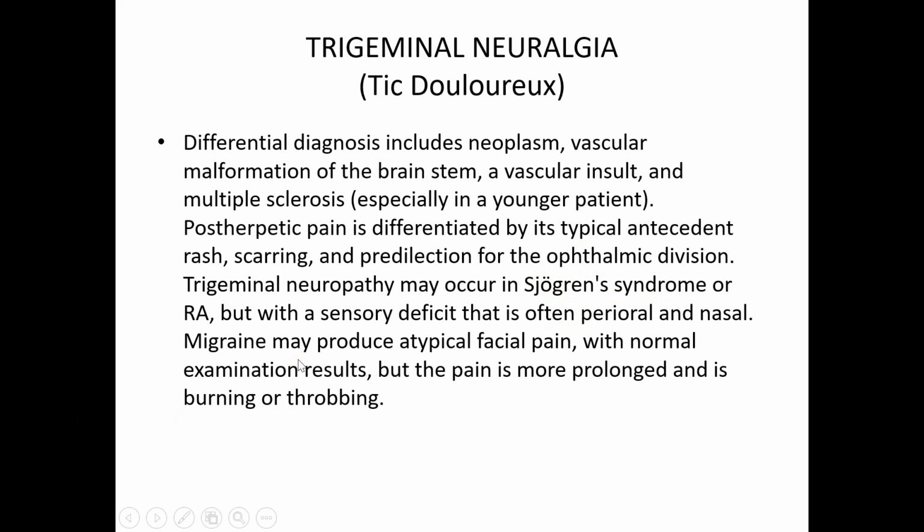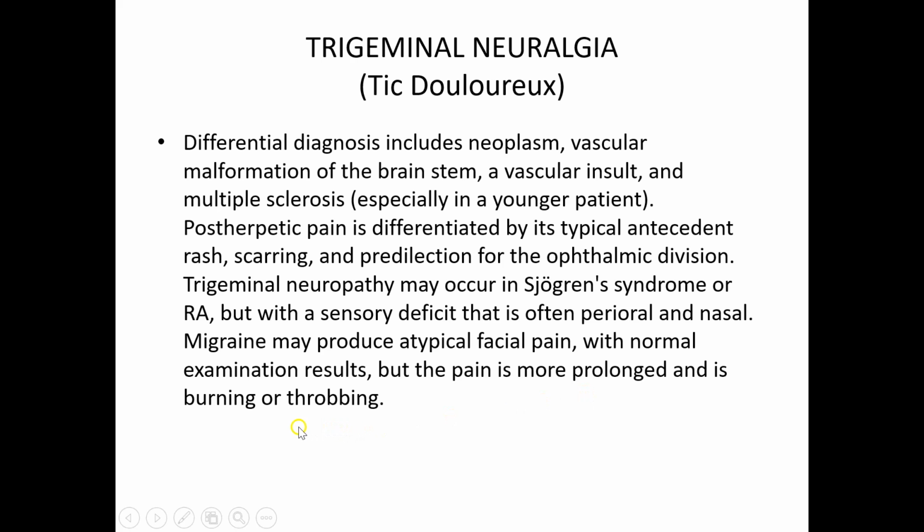Migraine is also a consideration: in classic migraine, you may have hemicranial or unilateral involvement of the face. So sometimes it is confused with trigeminal neuralgia, but you can easily identify it with normal examination results, and pain is more prolonged in migraine compared to the brief pain of trigeminal neuralgia lasting seconds to minutes.